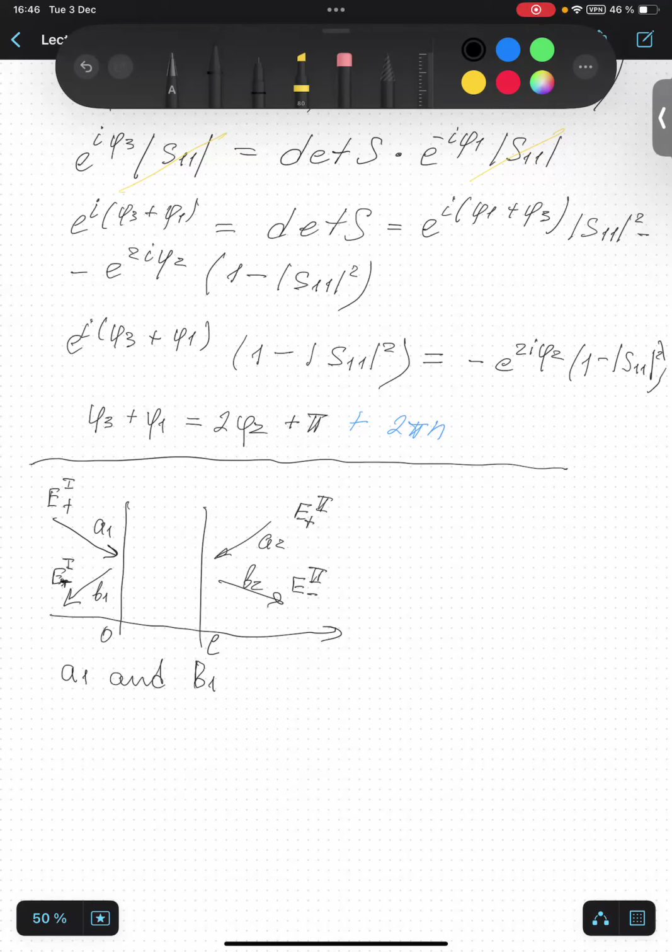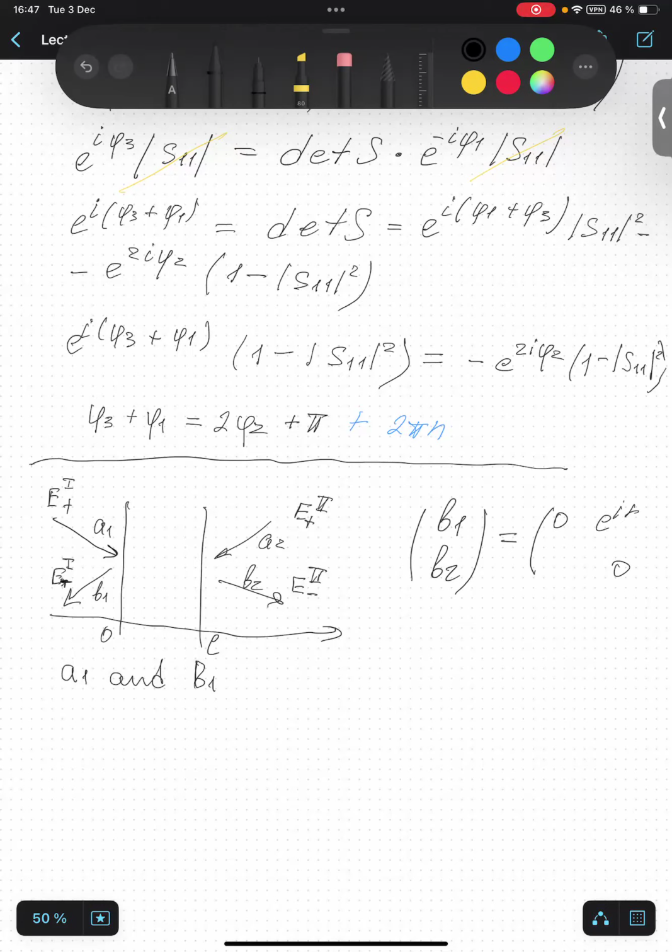So the wave traveling through the distance L will obtain some phase. Or what we can write? We can write B1, B2. Zero, zero, because they are not related.